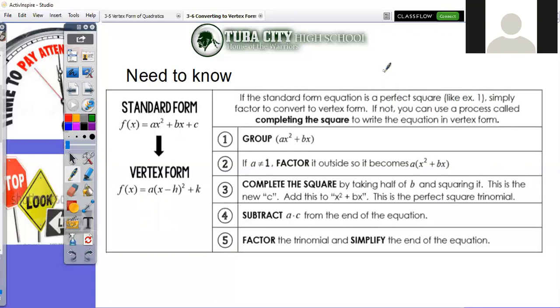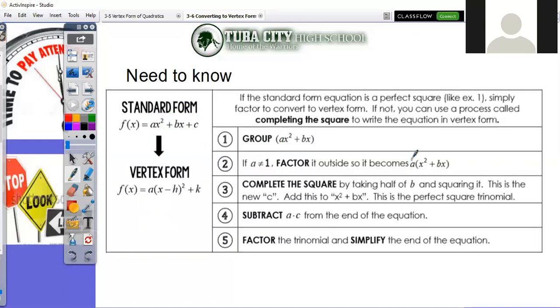So what we're going to do is go ahead and group these two together, ax squared and bx, just the first two terms of your standard form. So basically you're just going to put a parenthesis around these two things. Now, if a is not equal to 1, so basically if you have any number out front, you're going to have to take that number and find a way to get it outside. So that's like the reverse distributive, where you're taking two things from the inside numbers.